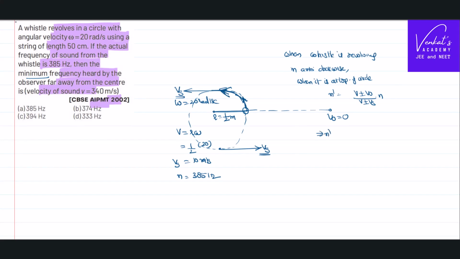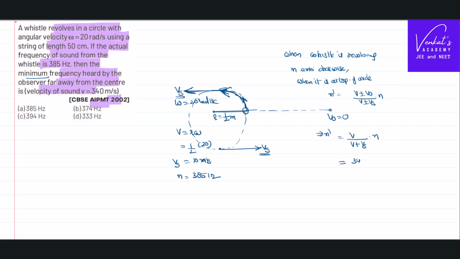As the observer is in the state of rest, VO becomes 0. As it is moving away, the apparent frequency will be the least. To say it is least, the denominator has to be more than the numerator, V plus Vs into n.